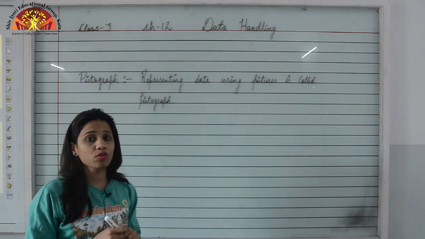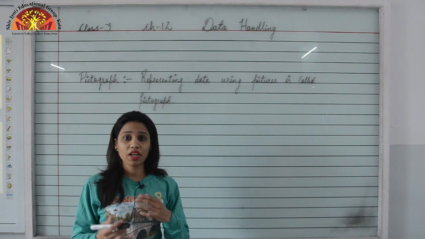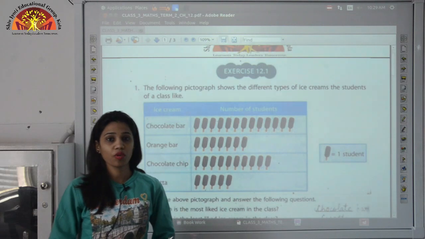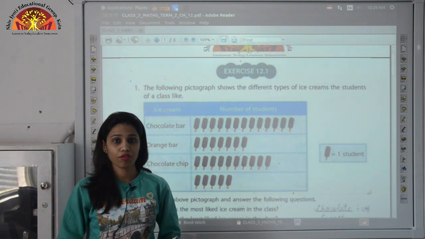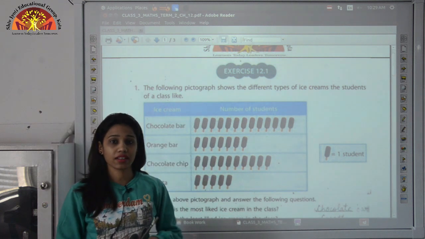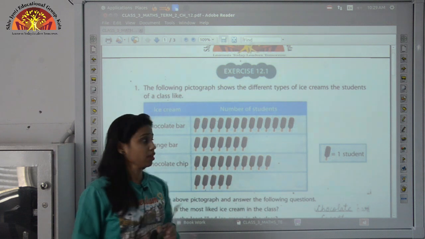Now I am going to show you one question. With the help of that, I am going to explain what actually a pictograph is. Now students, open page number 169 of your book, that is exercise 12.1.